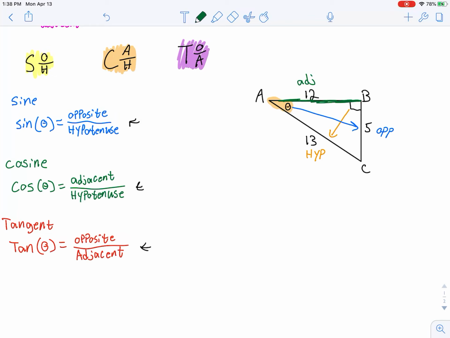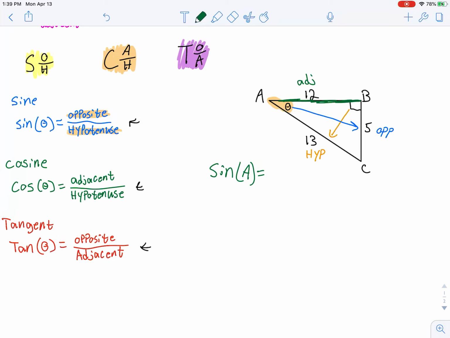All right, so now I can start setting up these trig ratios. So for sine, okay, so sine of A, since I'm focusing on angle A, equals, and we put it in parentheses, right? Okay, so sine used what two sides? If I look back up at my key up here, I have opposite and I have hypotenuse.